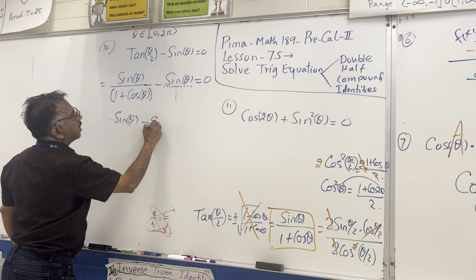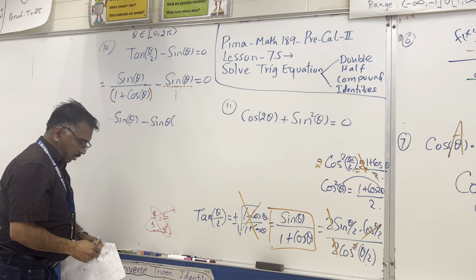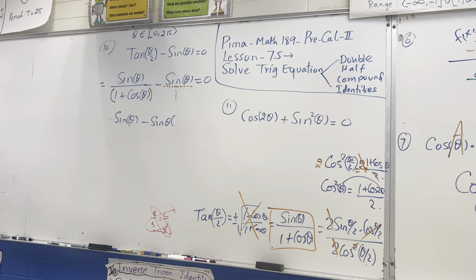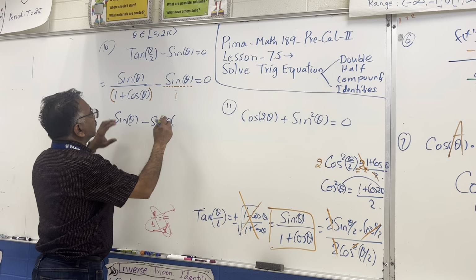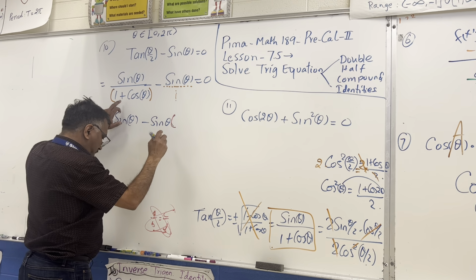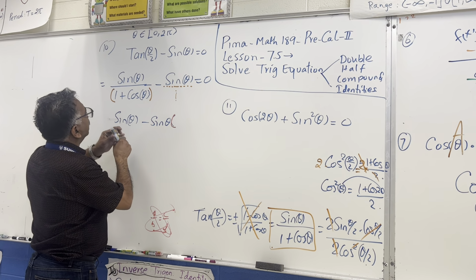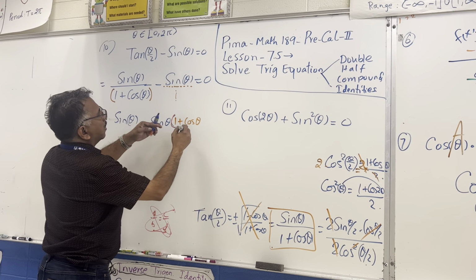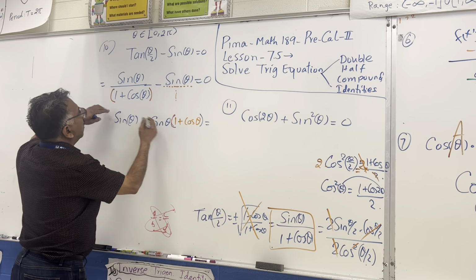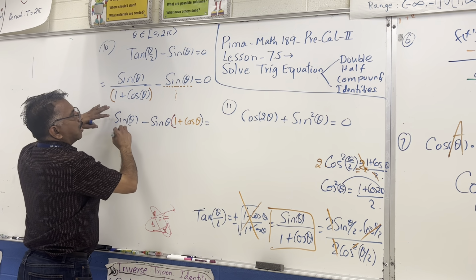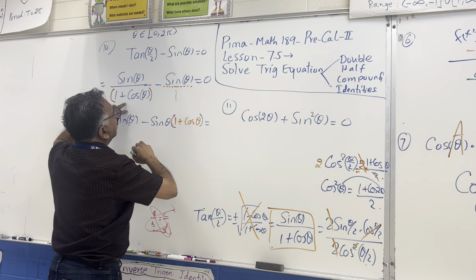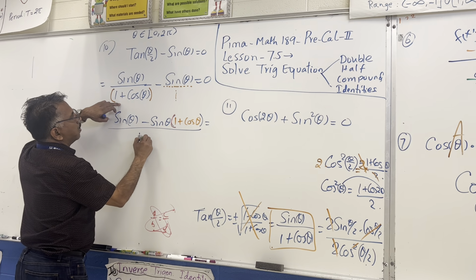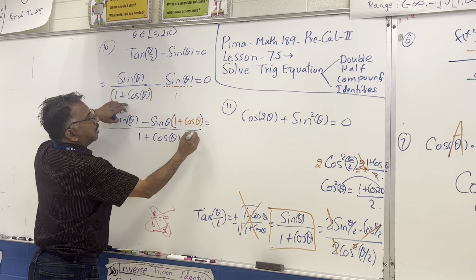So that sine theta gets multiplied to the orange part, this one, which is 1 plus cosine theta, equals 0, and the bottom part is 1 plus cosine theta.